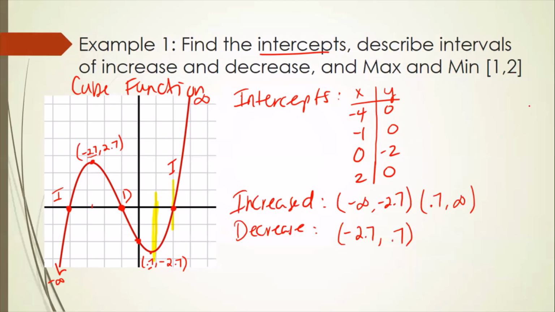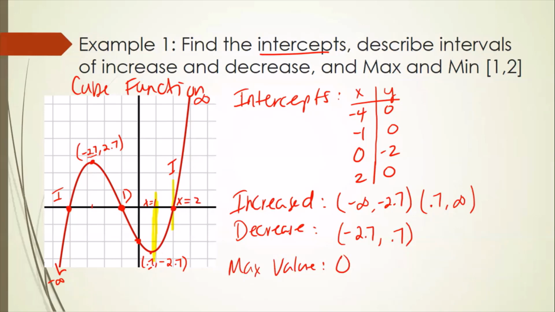When it tells you from 1 to 2, that means that's all you're looking at. As you can see, I highlighted at x equals 1, and I highlighted at x equals 2. So just looking between these highlights, what is my max value? My max value is 0, right?